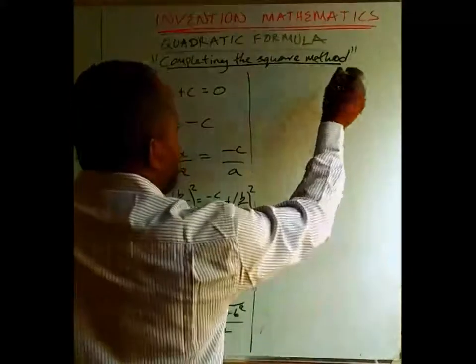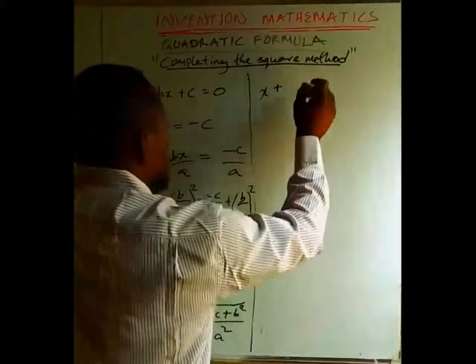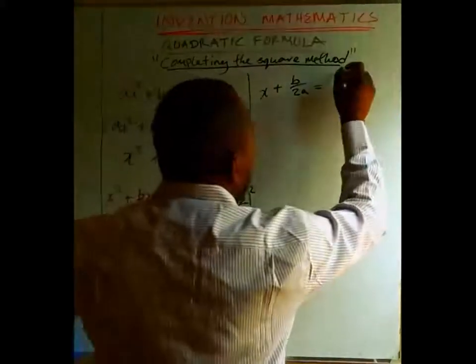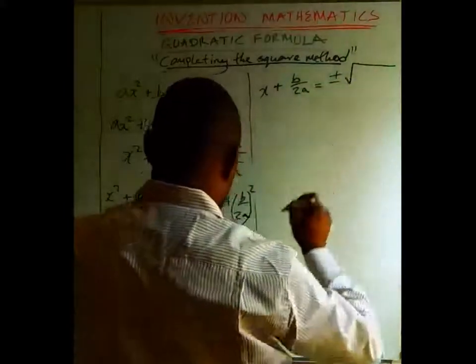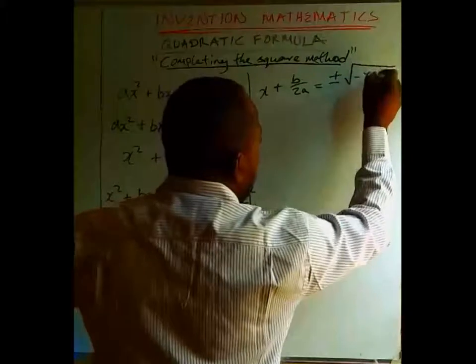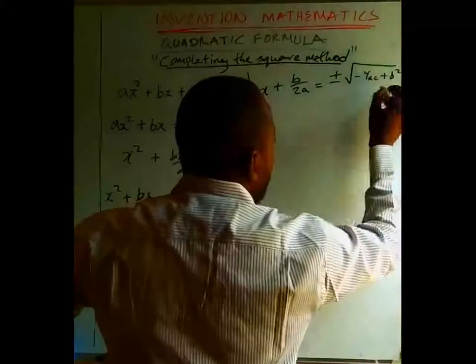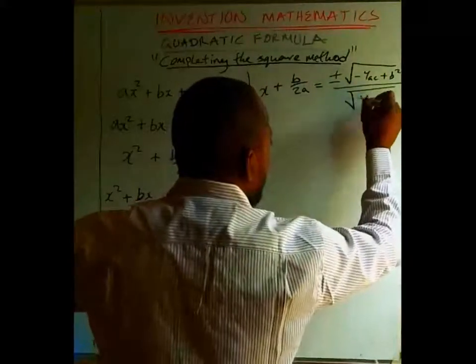So let's go on. x plus b over 2a is equal to the square root of minus 4ac plus b squared all over 4a squared.